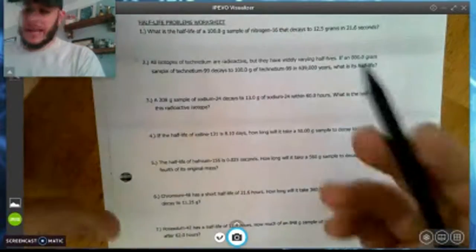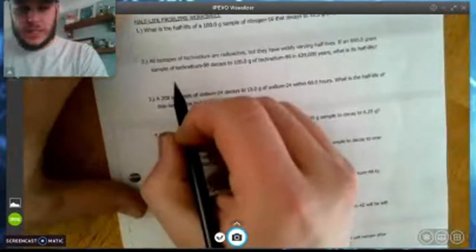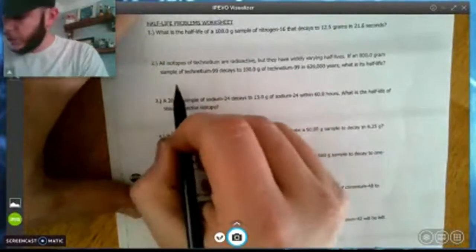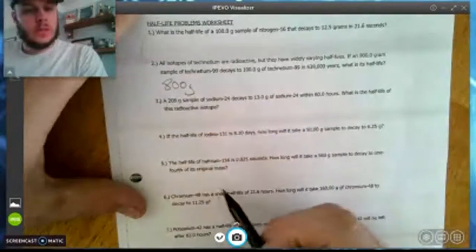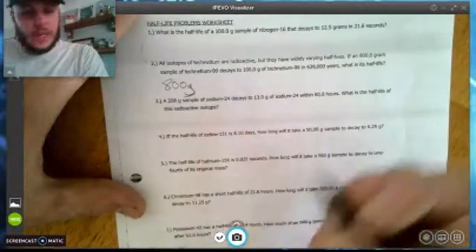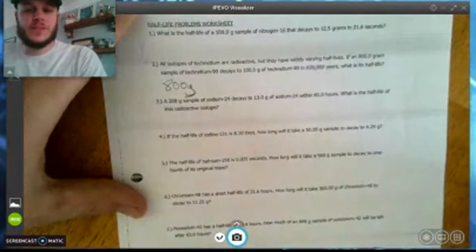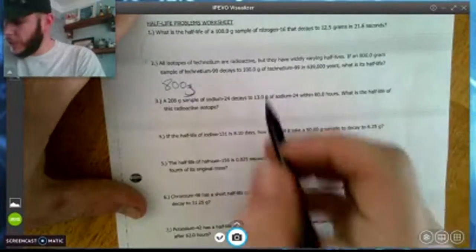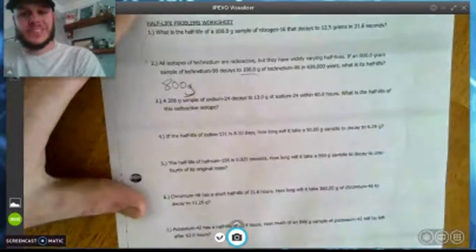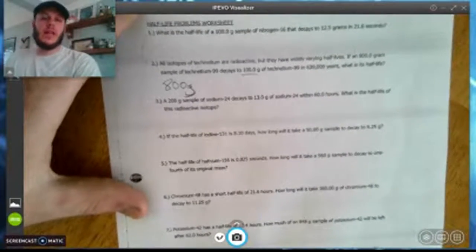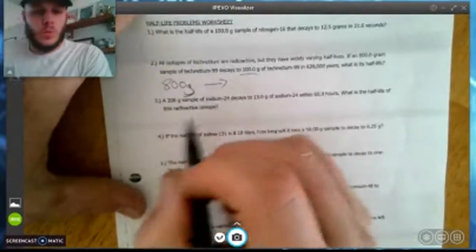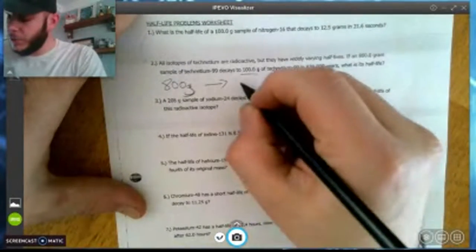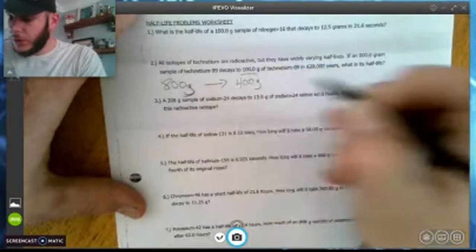In order to do that, the best thing to do is start with 800 and say, if I started with 800 grams, how many half-lives do I have to go through to reach my 100? Not how much time, but how many individual half-lives does it take? If I started at 800, one full half-life cycle would bring me to 400 grams.